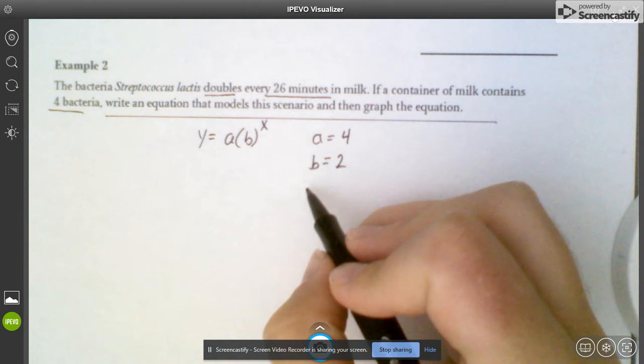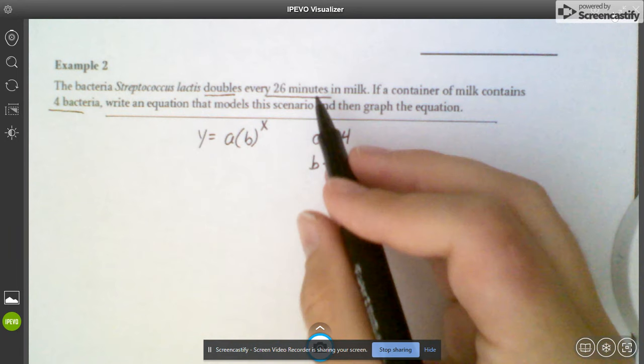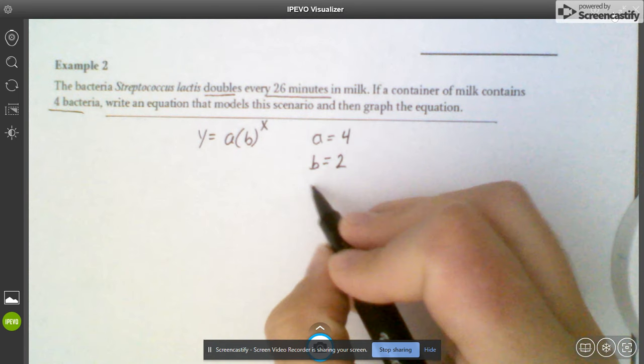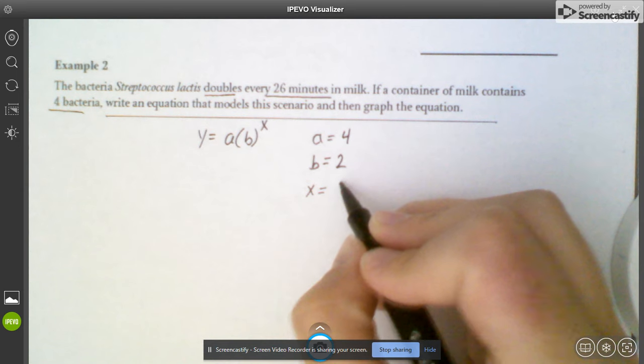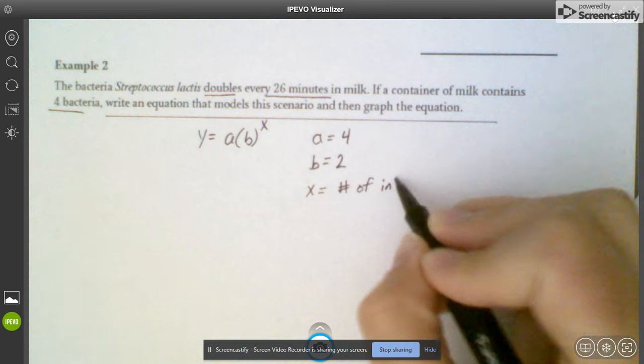And then x is a little bit tricky because it doubles every 26 minutes. So that's an interval of time. Now, x is going to be the number of intervals.